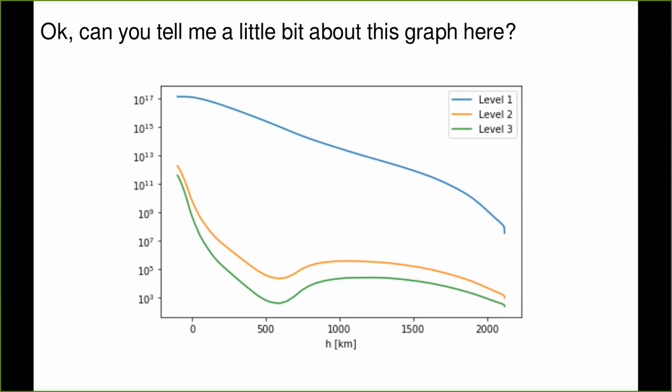And that makes sense because they're separated. The first and second level are separated by 10 electron volts. 10 electron volts is huge energy, right? The second and third level are separated by like 1.7, almost 2 electron volts, which is much smaller again.